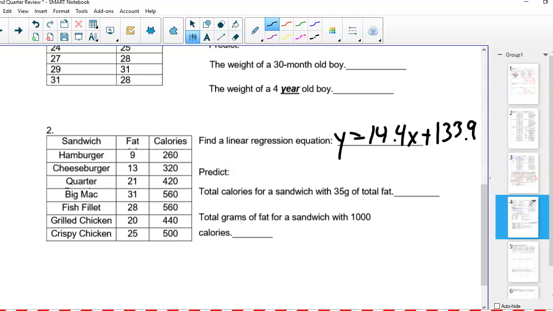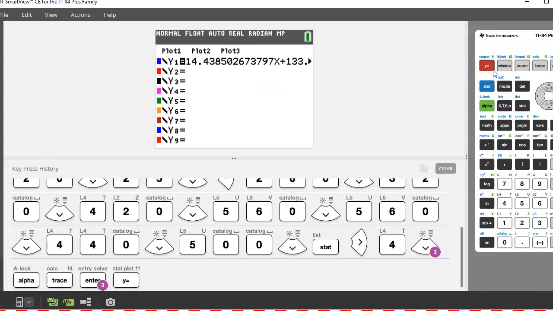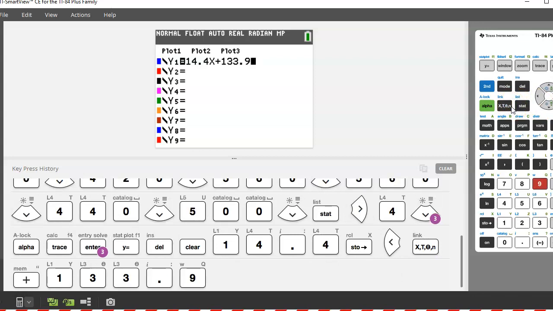To do the next two pieces in your calculator, you'll need to change this equation. So go into y equals. It has all of the decimals listed there. So if you clear it and rewrite what we just wrote, 14.4x plus 133.9, retype that in y equals.